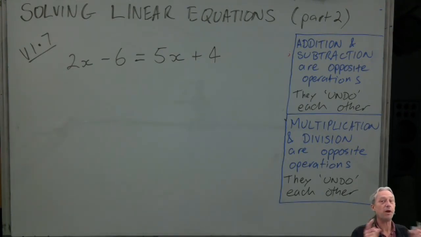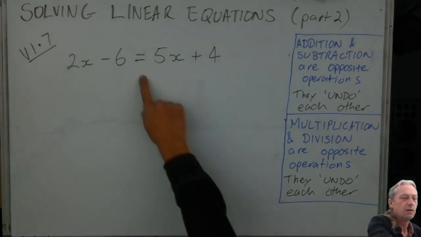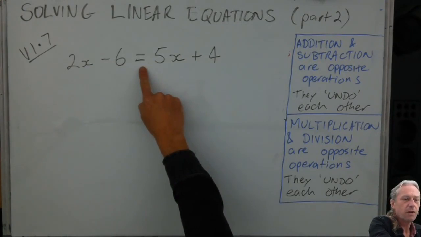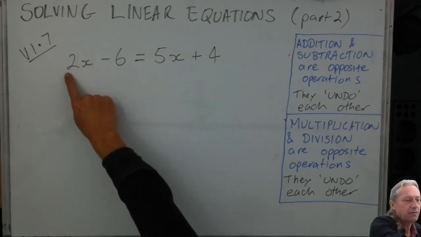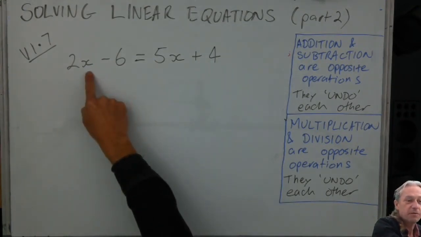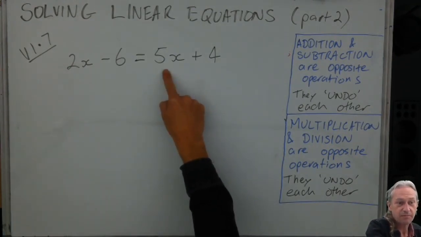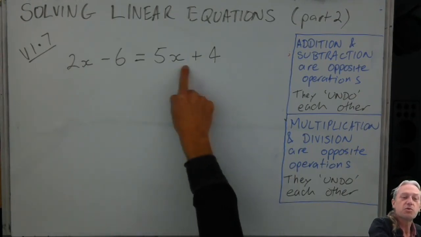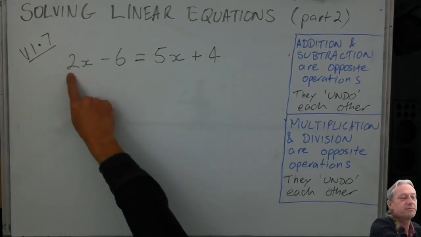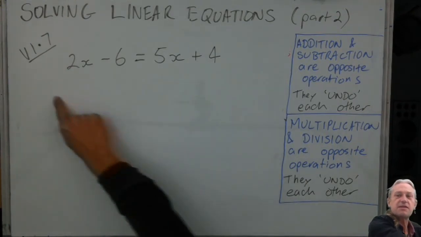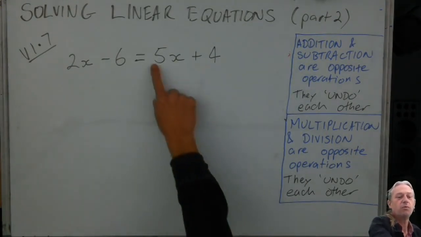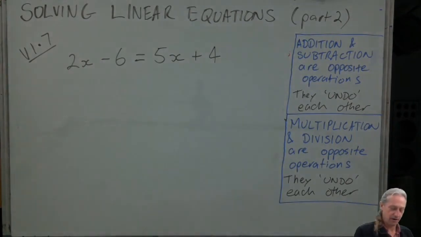So we just want to end up with 1x equals numbers. So we could either subtract 2x from this side and subtract 2x from this side, or we can subtract 5x from this side. And I think to try and get the x's on the left hand side, we will subtract this 5.